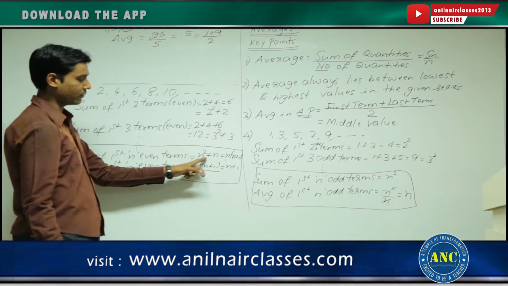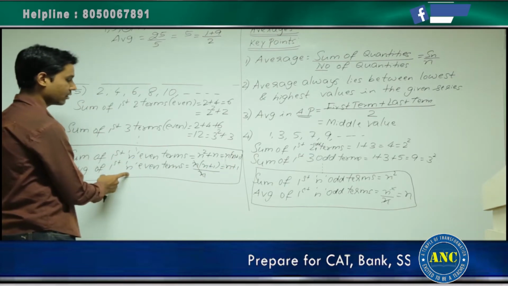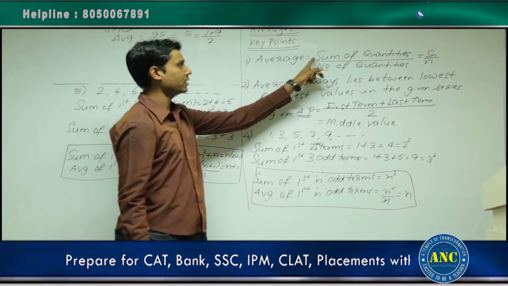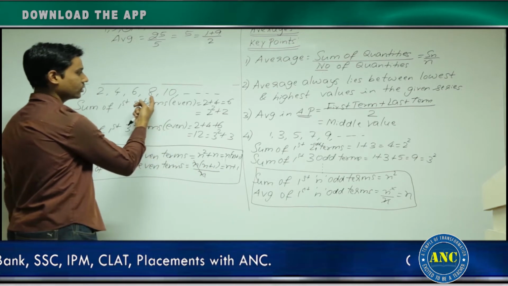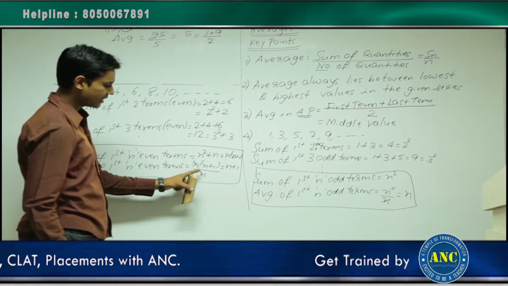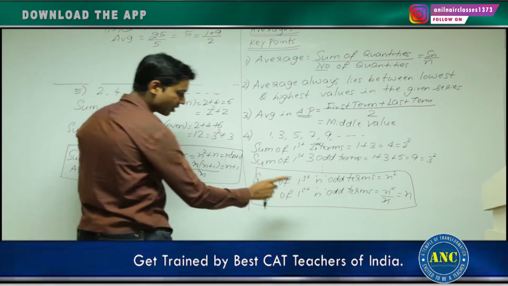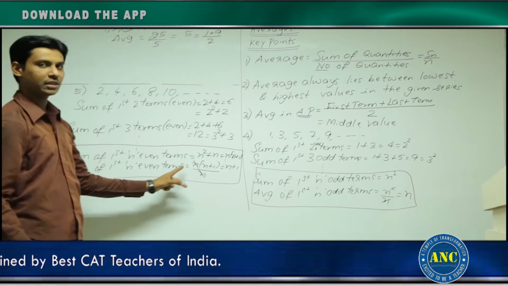N square plus n, if I take n common, it becomes n into n plus 1. But I don't require sum, I require average. Average of first n even terms is sum divided by total number of quantities. Sum is nothing but n into n plus 1 divided by totally there are n terms written. N cancels and it is n plus 1. Very easy to remember. Average of first n odd terms is n. Average of first n even terms is n plus 1.